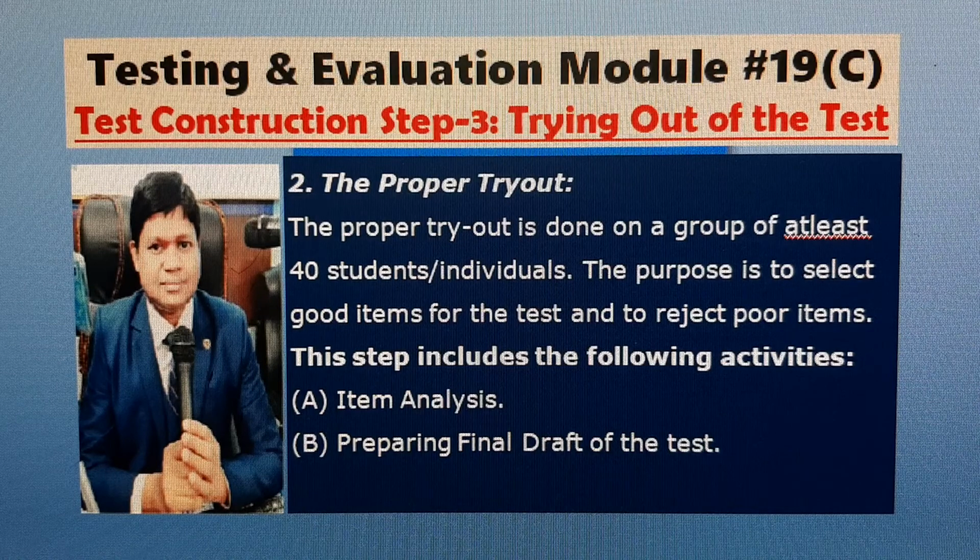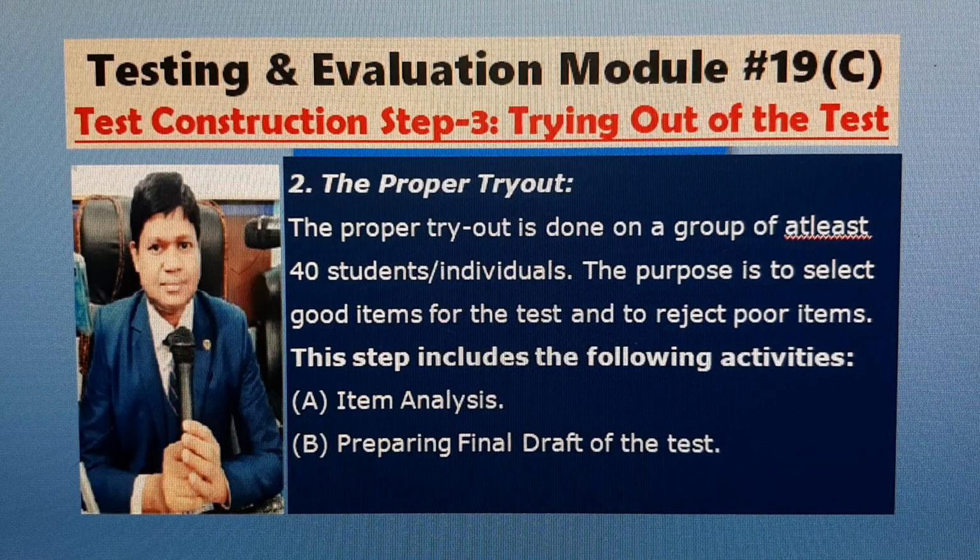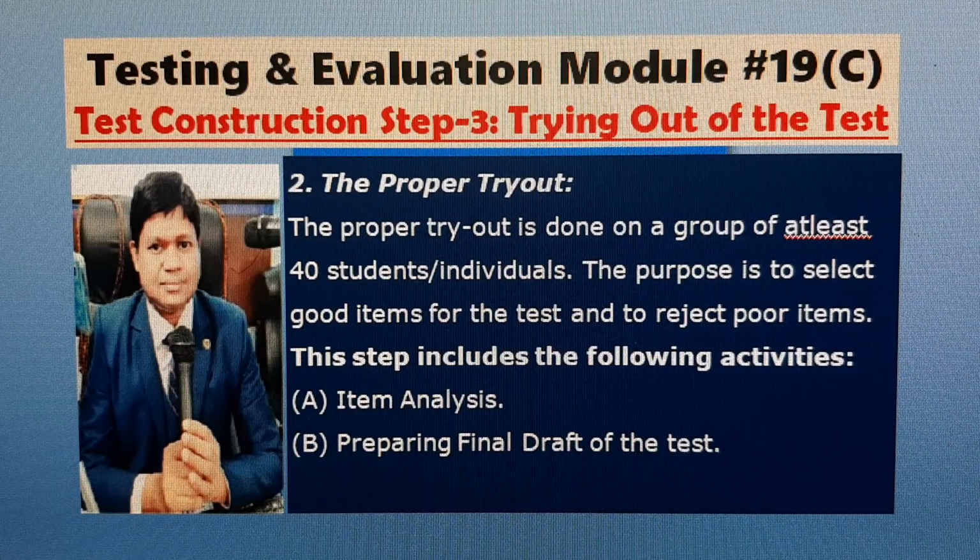As you know, the quality or merit of a test depends upon the individual items which constitute it. So, only those items which suit our purpose are to be retained. Item analysis is an integral part of reliability and validity of a test.